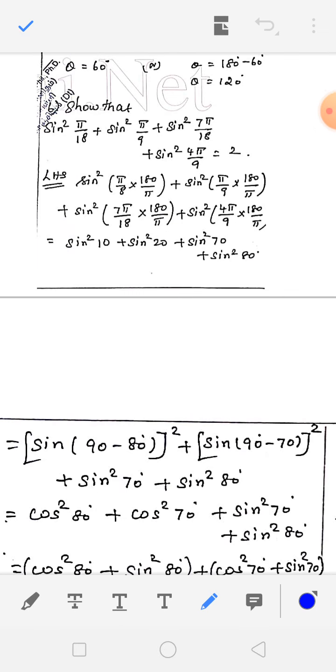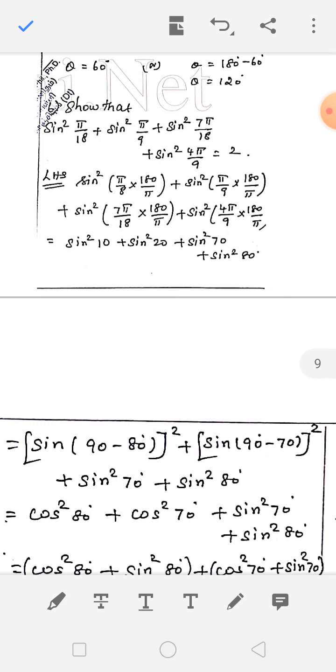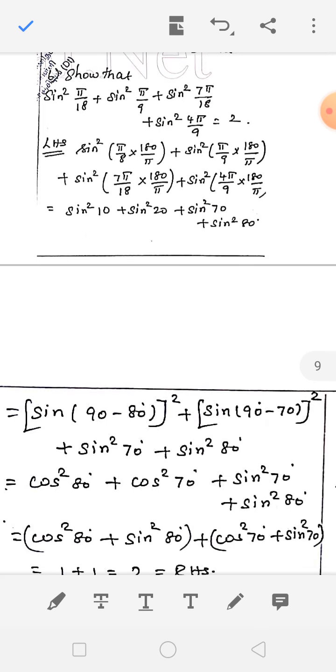As 90 degree minus 80 degree. And here 20, I can write as 90 degree minus 70 degree. So sin of 90 degree minus 80 degree, as well as sin of 90 degree minus theta.